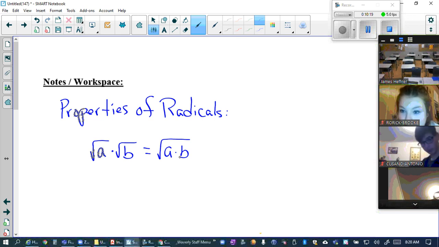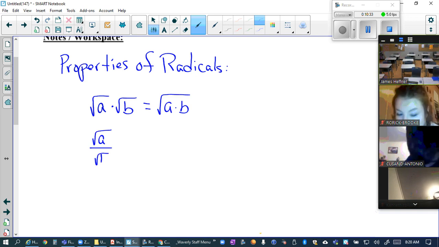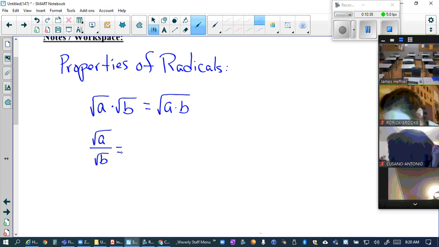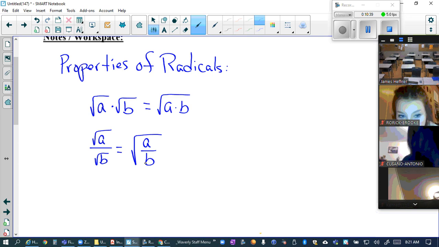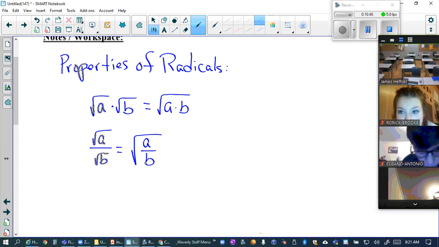So if I have something like this thing on the right, could I split it up and make it look like this thing on the left? So it works with multiplication. It also works with division. If I have the square root of A divided by the square root of B, I can rewrite that as the square root of A divided by B. And backwards.